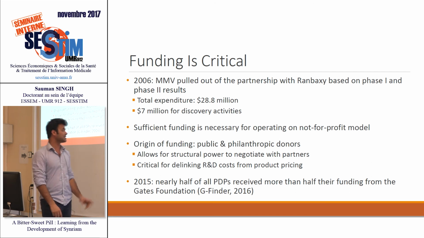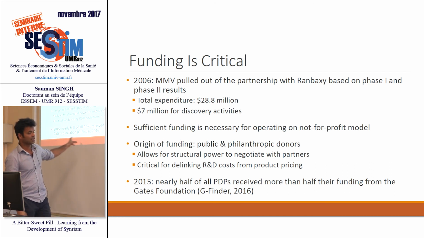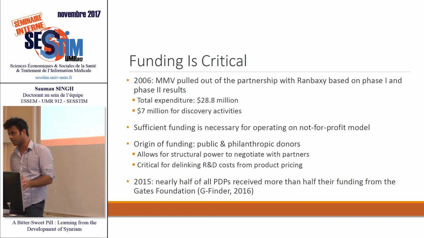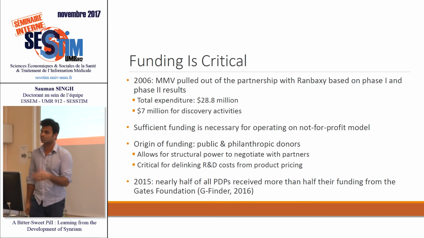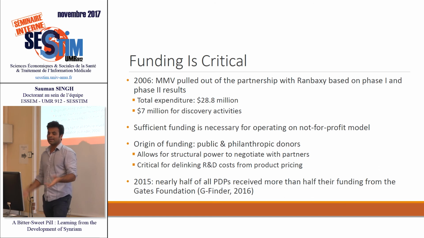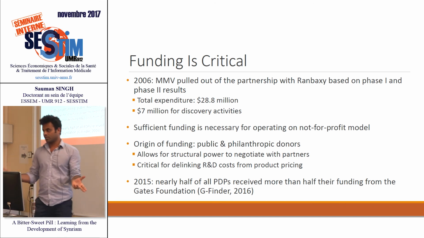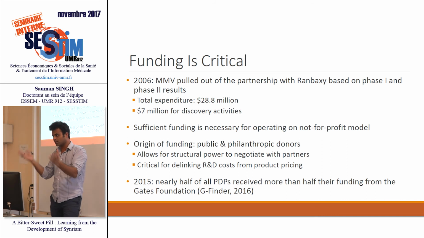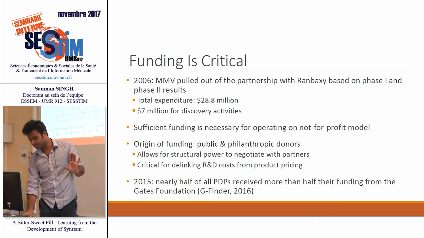The problem is that until 2015, nearly half of all PDPs received more than half of their funding from a single source, the Bill and Melinda Gates Foundation. This is not an ideal situation because you need to put your eggs in different baskets. If one day the Gates Foundation decides not to fund, it's doomed.